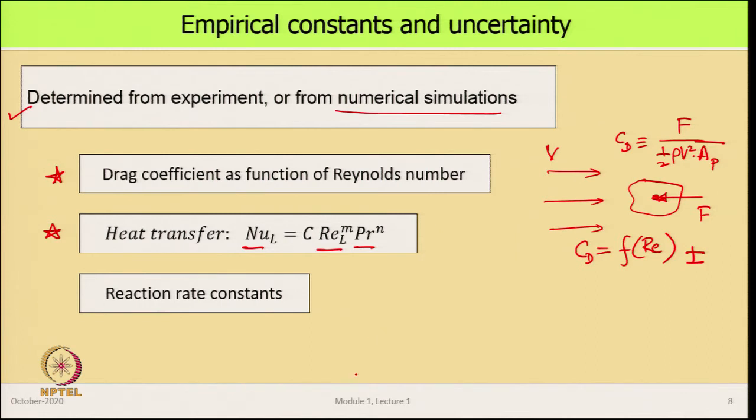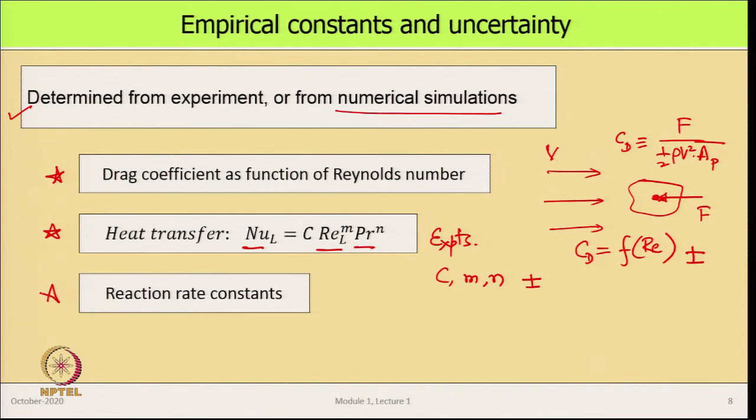Most of these correlations that we use have come from experiments, and what the scientific and engineering community has done is take those experiments which we regard as the best researchers' best results, and the constants C, M and N that came out of their experiments, we treat as the best possible value of these empirical constants. We treat them as constants in the relations here, but practically there is uncertainty in them, because this is not an exact relation.